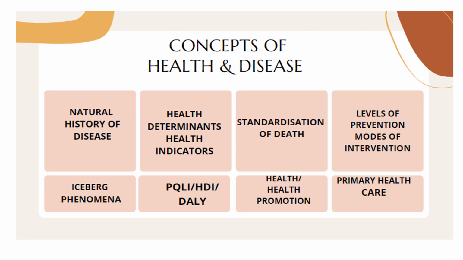Then there are certain indicators like PQLI, HDI, DALY, which you should be knowing. Then of course, the WHO definition of health, and often it's asked, what are the limitations or the defects of this particular definition.